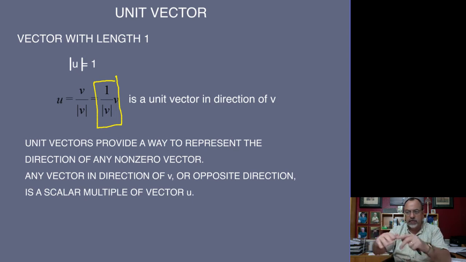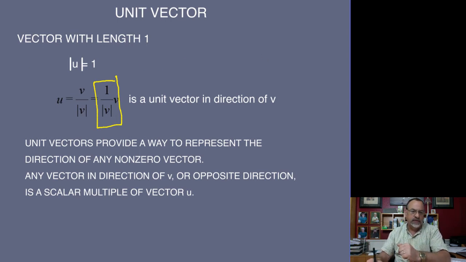So if I want that vector to have a magnitude of 20, I simply multiply 20 times the components of my unit vector.